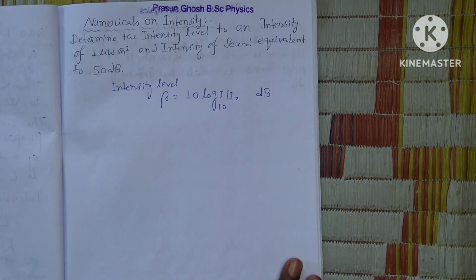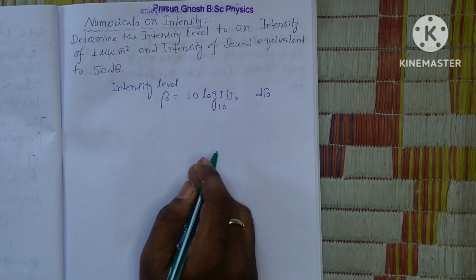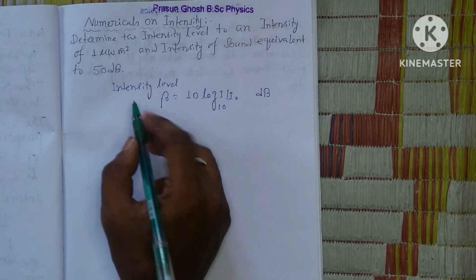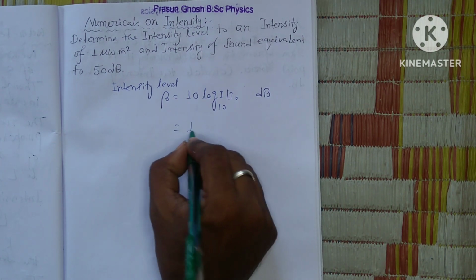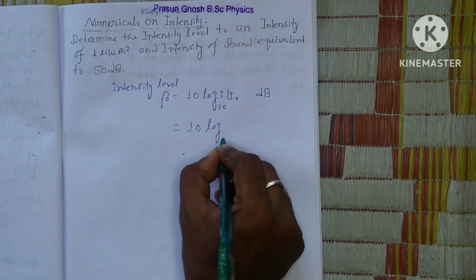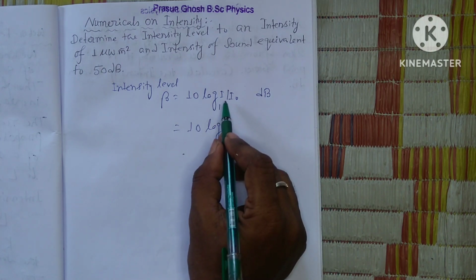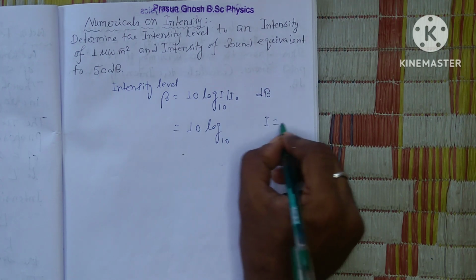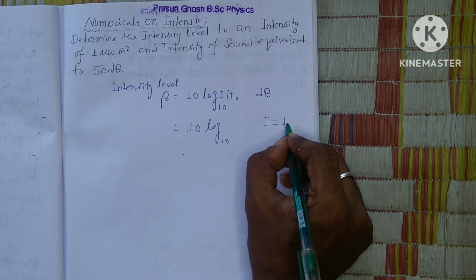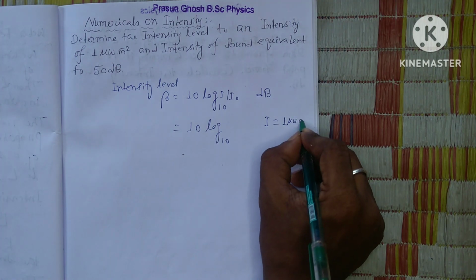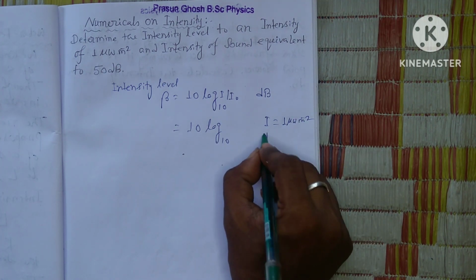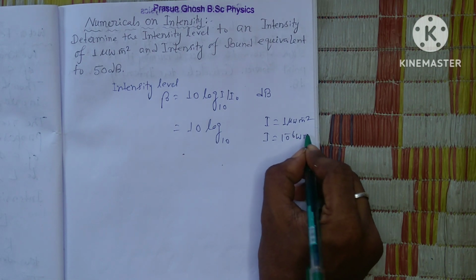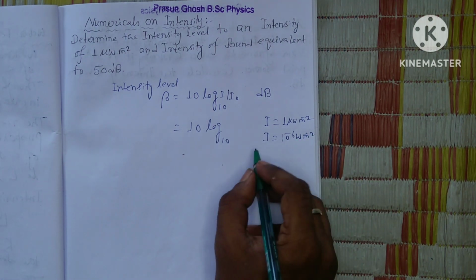So here we have to calculate the intensity level. So 10 log 10 base, here I is given, that is 1 microwatt meter to the power minus 2, that is I equal to 10 to the power minus 6 watt meter to the power minus 2.